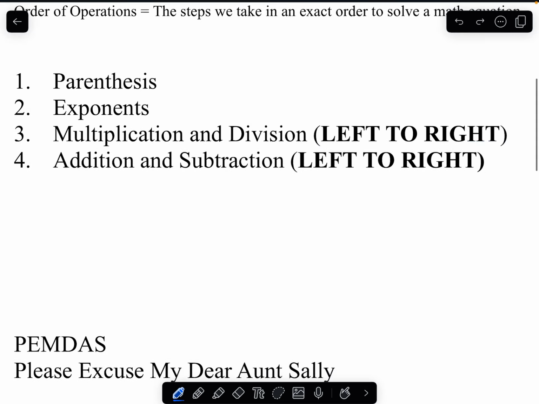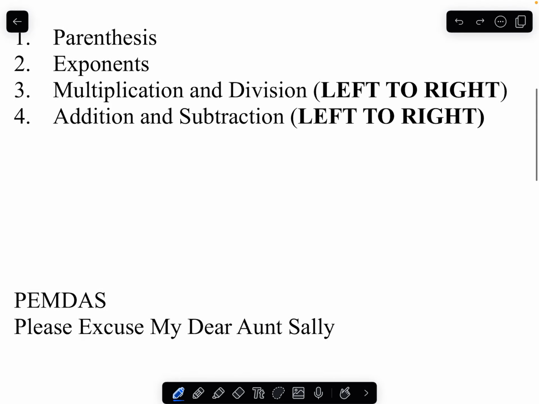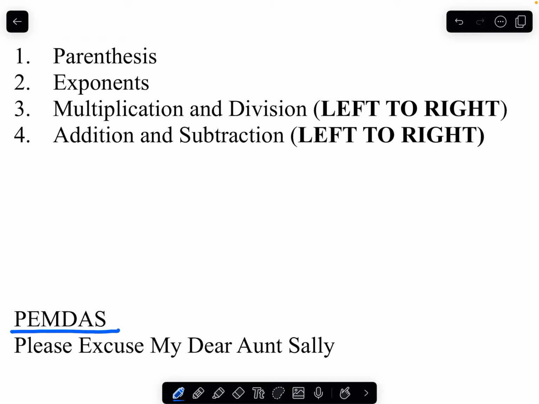That's the fourth step. One way to remember the order of operations is with this acronym, PEMDAS, which stands for Please Excuse My Dear Aunt Sally. That's how I learned it when I was young, and I think that's how they're still teaching it now, and it's how hopefully you'll remember the order of operations until you no longer need it because you are solving so many math equations that you just know it instinctively.